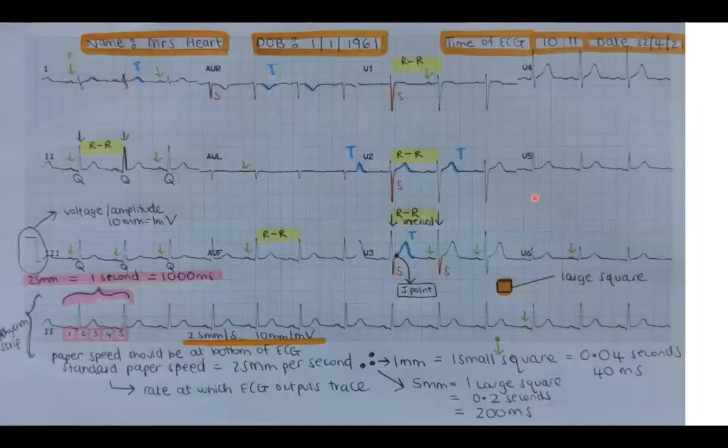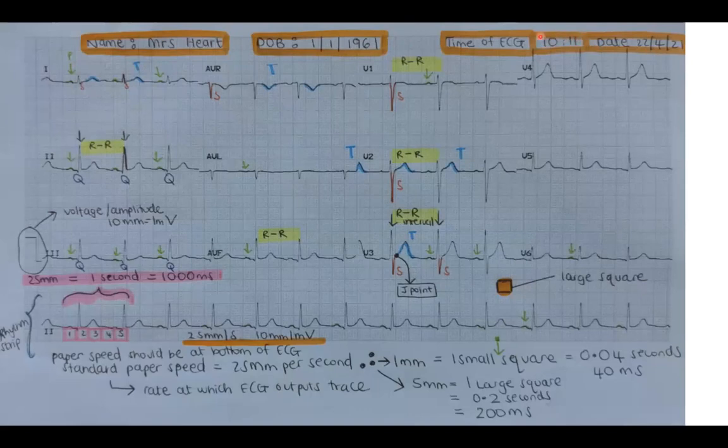So I've just annotated this ECG. The actual patient's details have all been blanked out. So we start with, like we said, confirming the patient's details. So this is Mrs. Hart. Her date of birth is the 1st of January 1961, and the time of the ECG as well as the date.